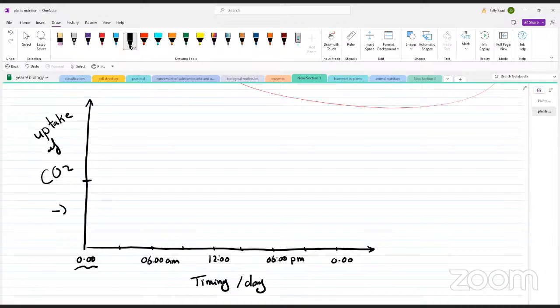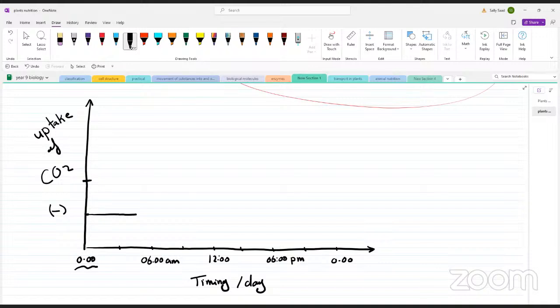So here I will say the uptake is negative. All the time when it is dark, there is negative uptake. Negative uptake means the plant loses or releases carbon dioxide, not takes it in, because there is no photosynthesis at all. Okay?